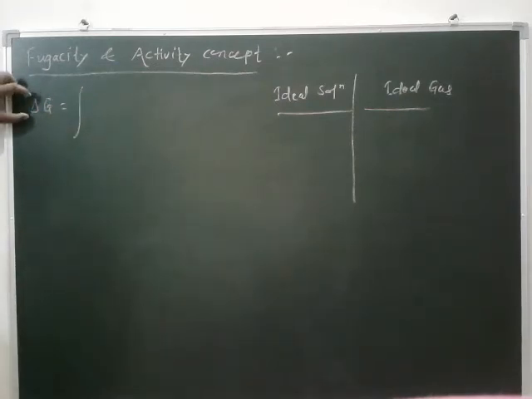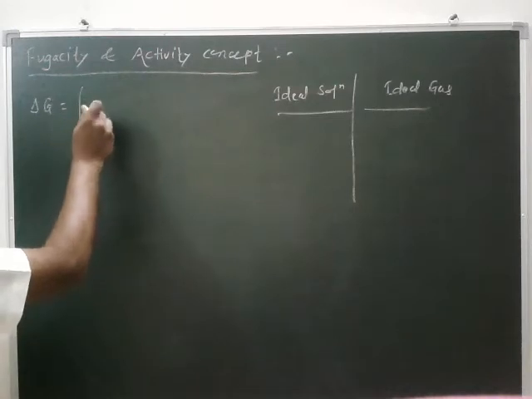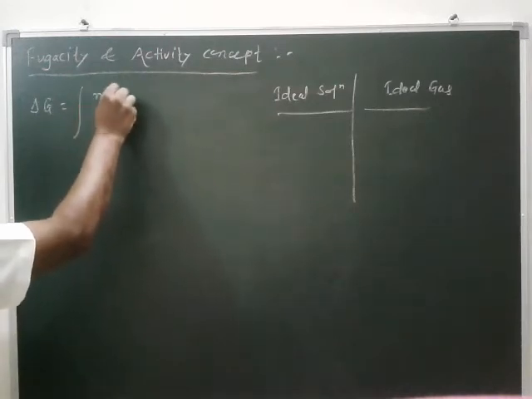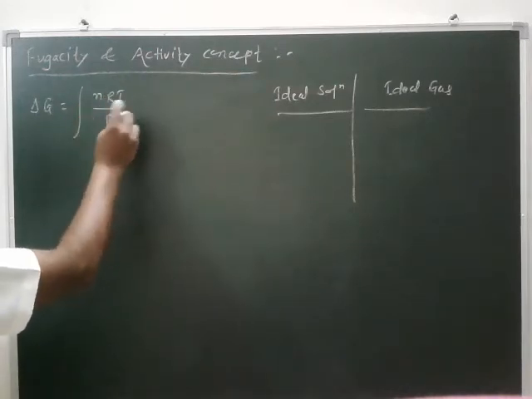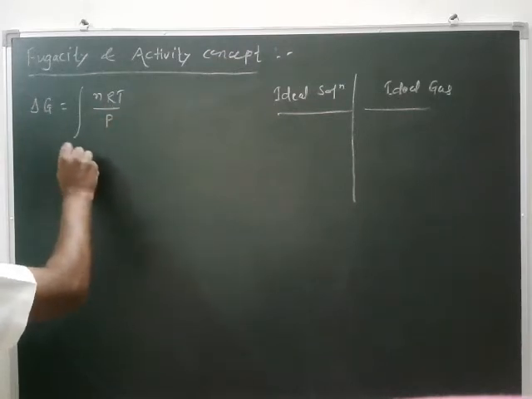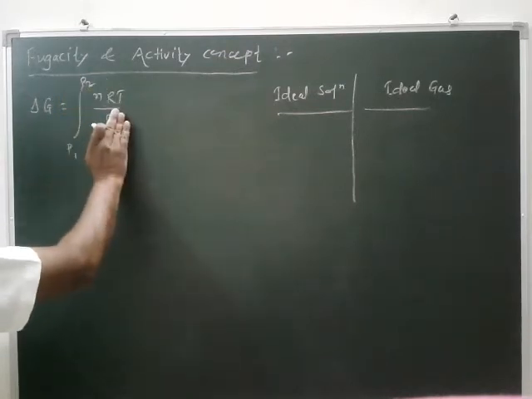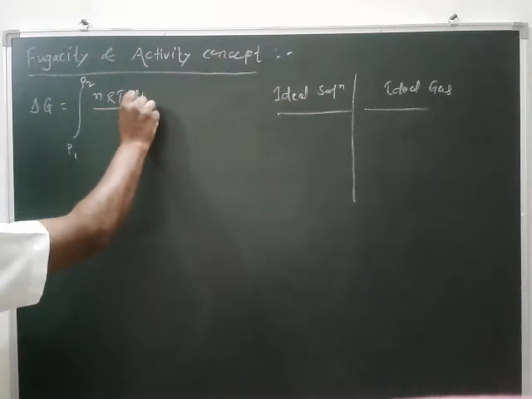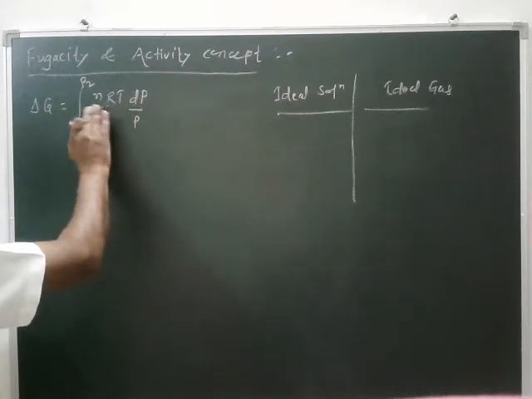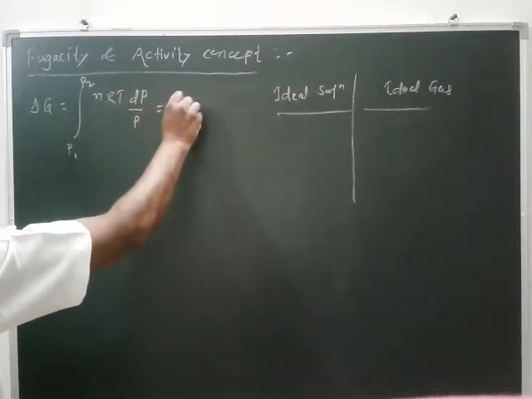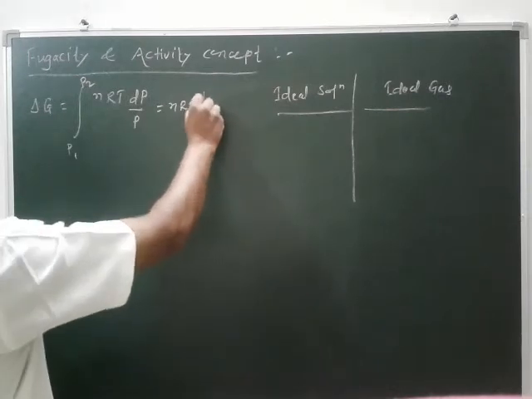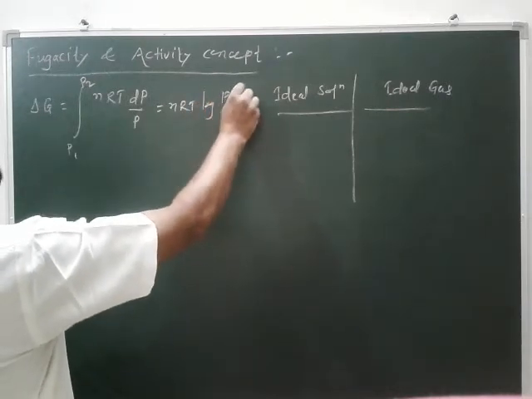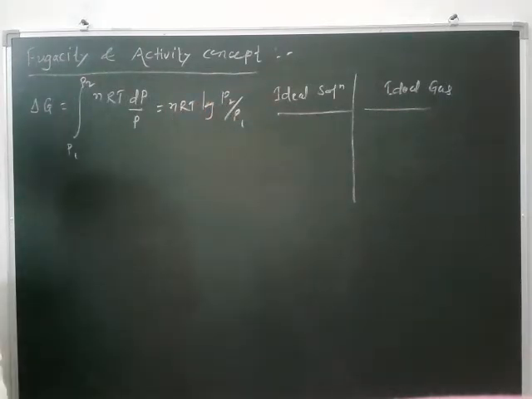If we apply the relation, delta G, the change in free energy, is equal to the integration of nRT divided by P within the limits P1 to P2, nRT dP divided by P, which is equal to nRT log of P2 divided by P1.